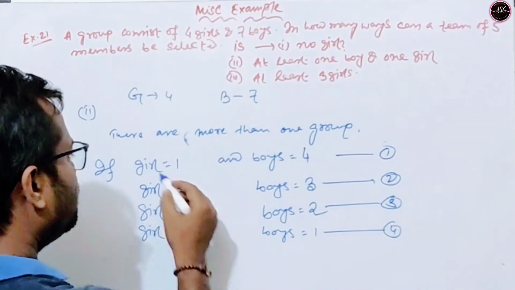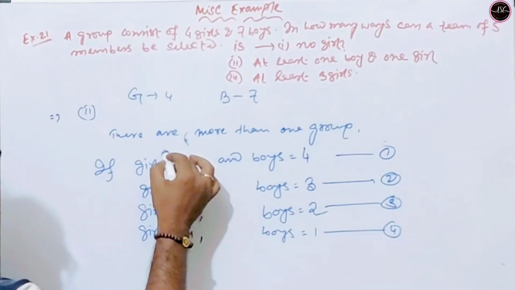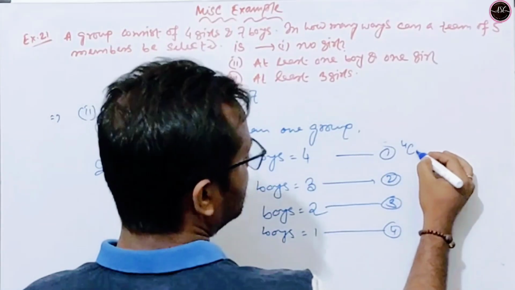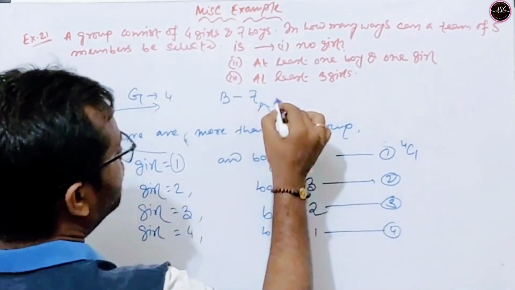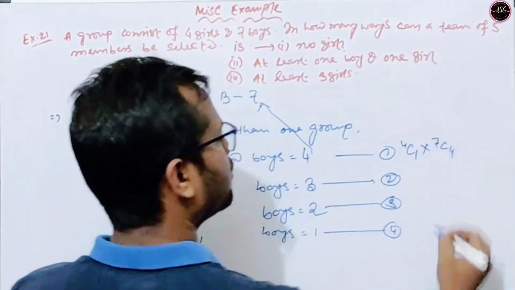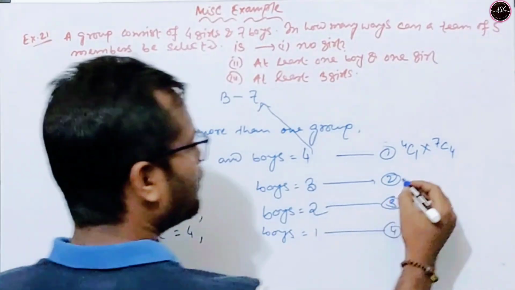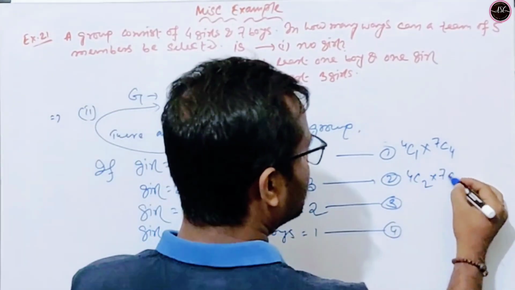So for the first, 1 girl should be selected from these 4 girls. So this can be taken as 4C1, and 4 boys selected from 7, so just multiply 7C4. And 2 selected from 4, that means 4C2, into 3 selected from 7, so 7C3.